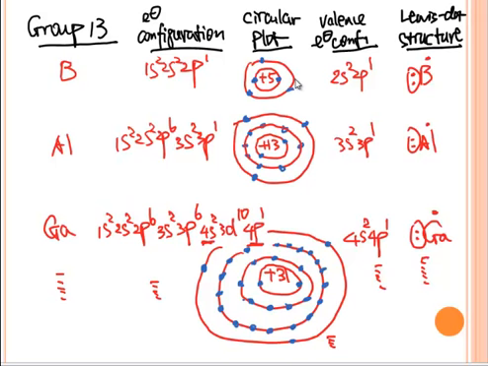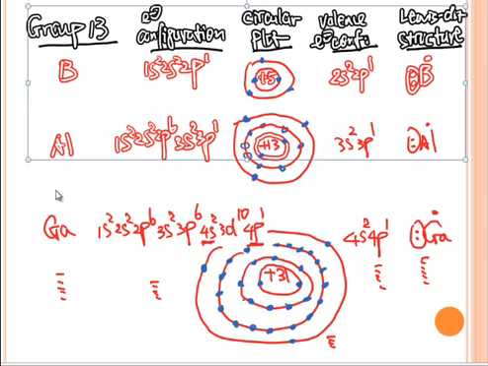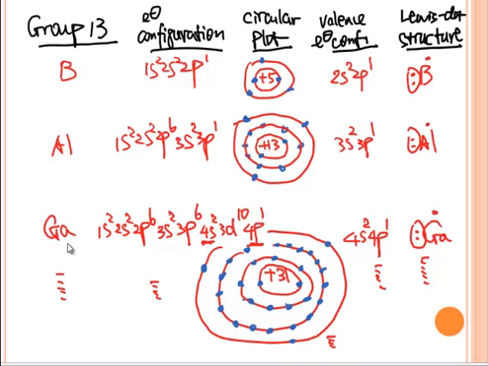Now going on to group 13, you have boron, aluminum, and gallium. All the ground state electron configurations you can write down here, and the circular plot you can construct accordingly. Now for gallium, you can start seeing the third one has 18 electrons. Why? Now you have a 3d10.